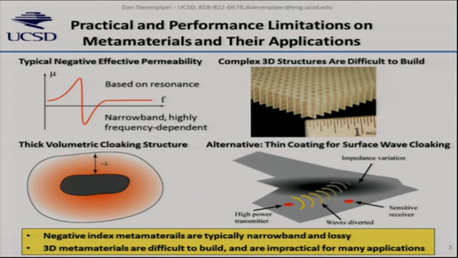For example, one of the popular applications these days is cloaking, making waves bend around solid objects. I'm sure you've all seen this in the news and in various papers. However, they often require a volumetric or a very thick coating around the object to be cloaked. I think a more practical approach is a surface coating, if that can be developed, surface only.